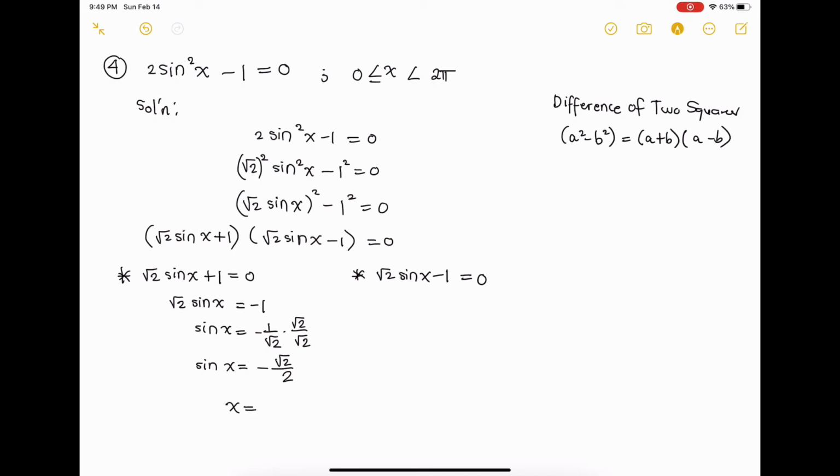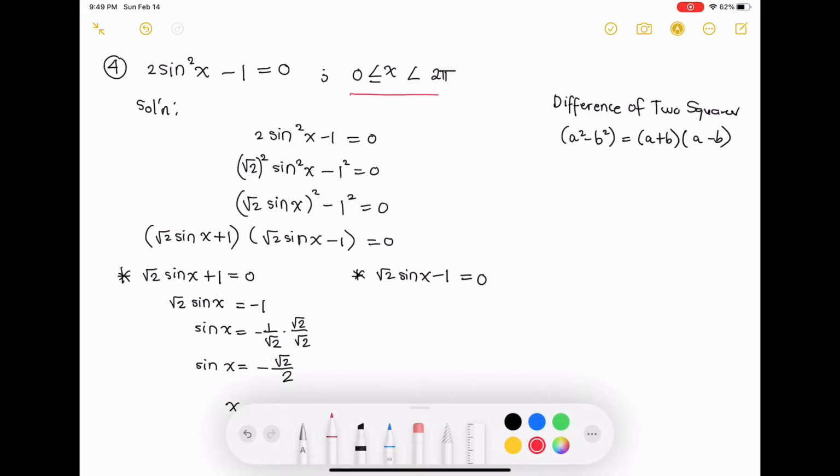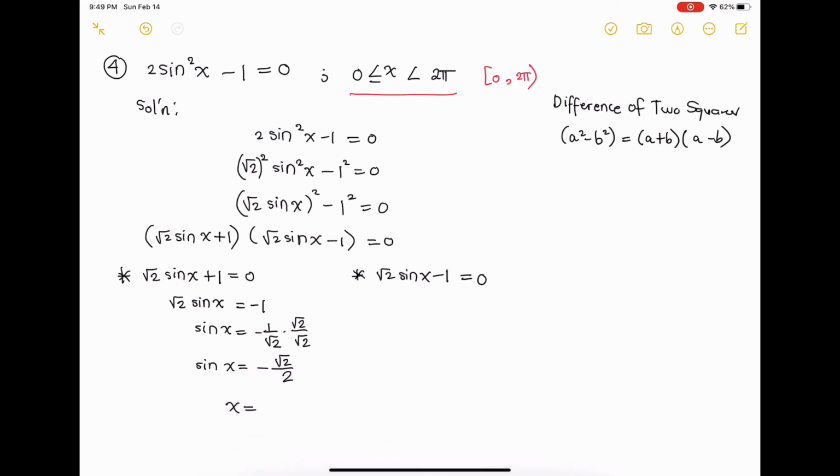Find an angle such that the sine is negative square root of 2 over 2. Do not forget that our final answer should only be in the interval x is greater than or equal to 0 but less than 2 pi, or from 0 to 2 pi, 0 inclusive. So to find it, I'll draw a scratch unit circle and then locate the possible angle, which has a sine of negative square root of 2 over 2.